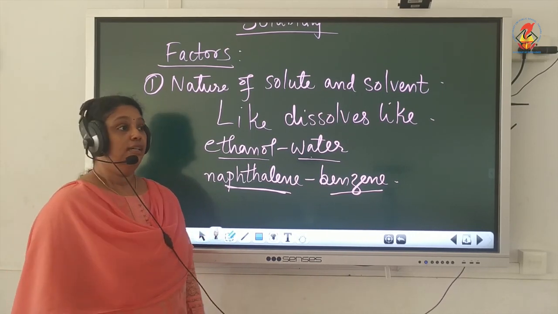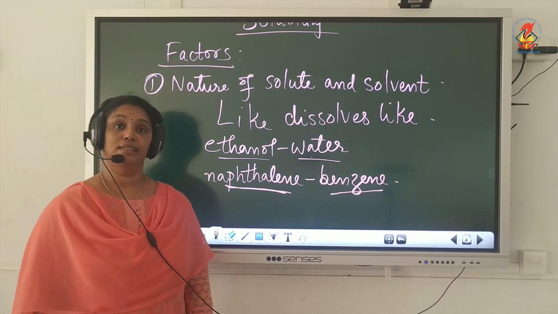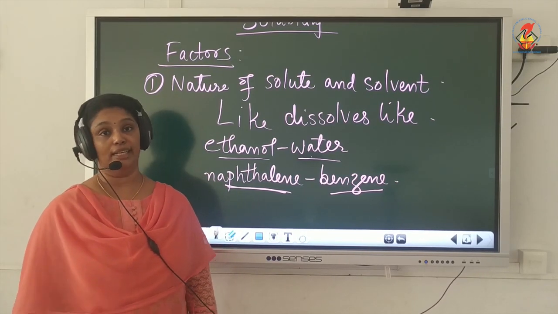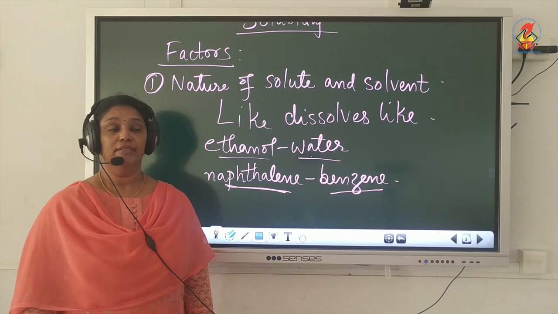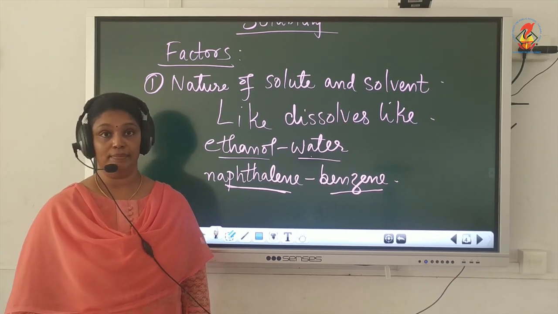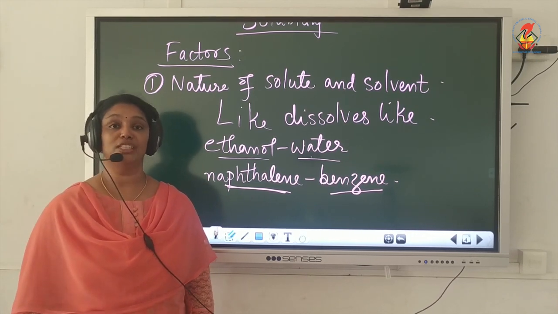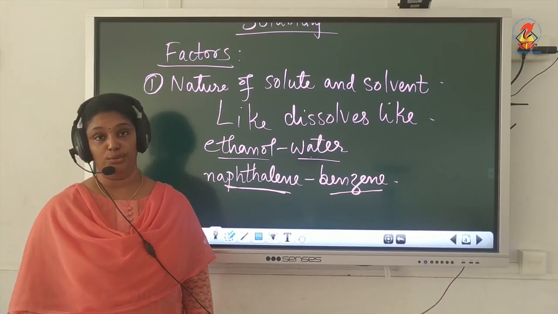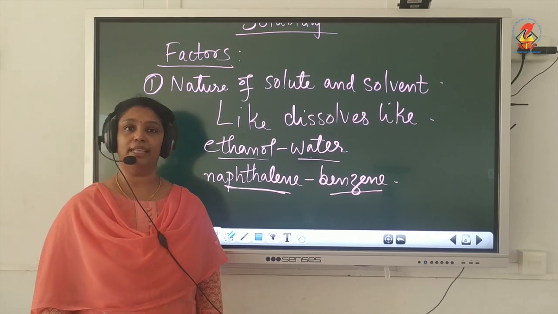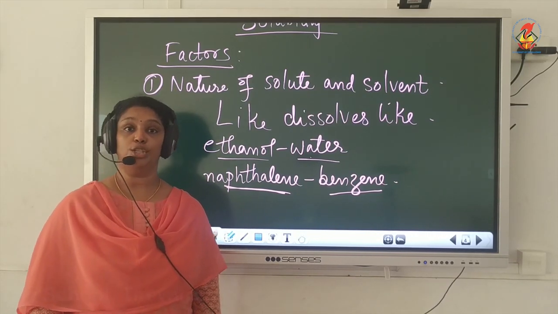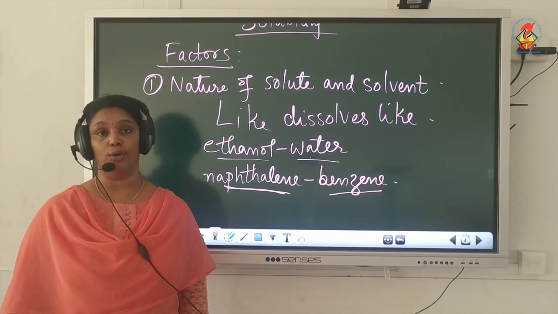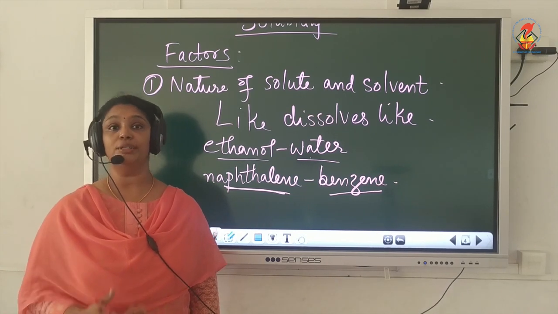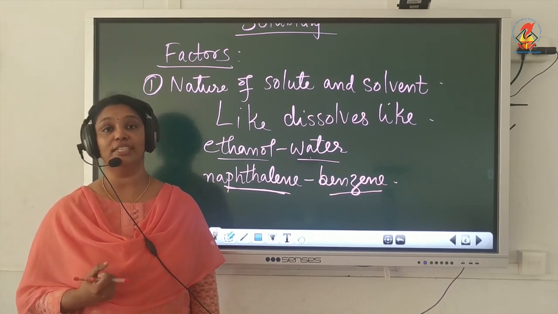Now, let's take an example to discuss the solubility of solid in liquid. When I say solid in liquid, the solute is solid and the solvent is liquid. So this is a liquid solution. I'm taking the example of sugar as solute and water as solvent. First you take sugar and dissolve it in water.